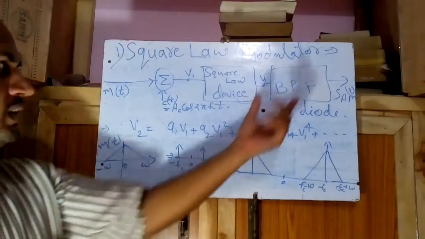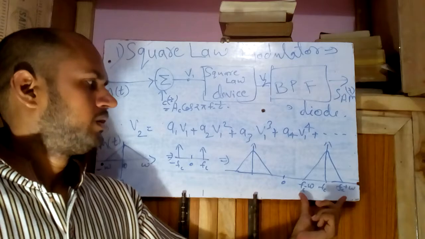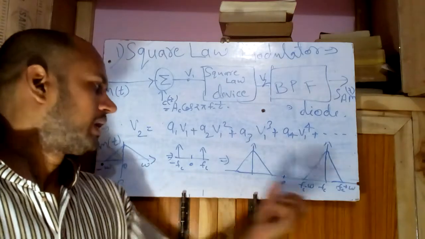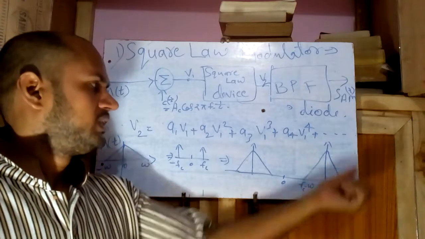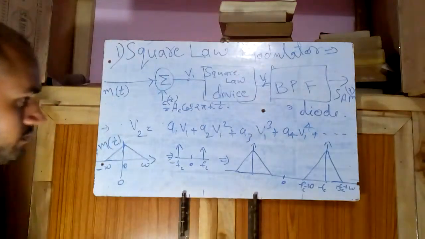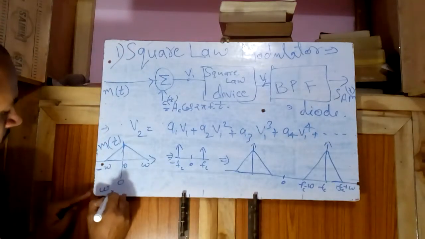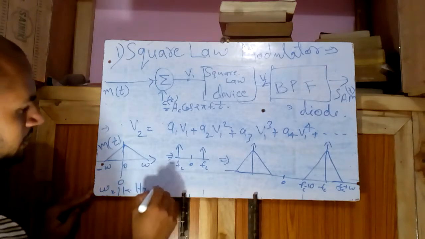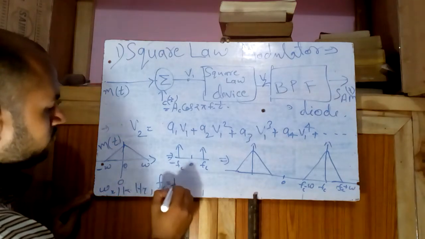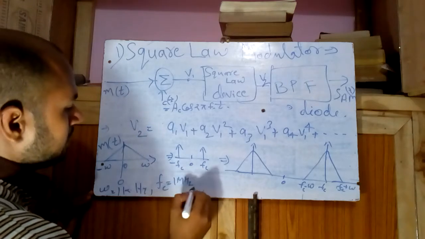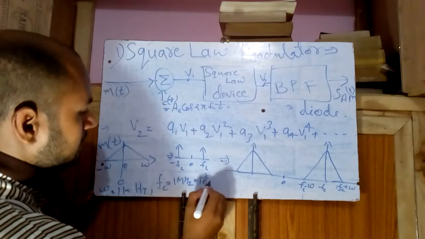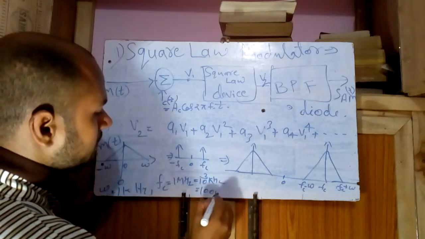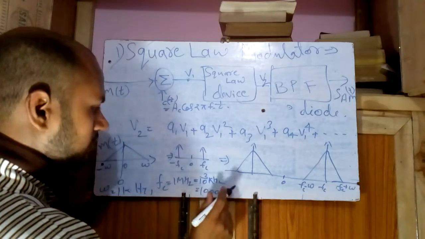So band pass filter should be in the range of from FC minus omega to FC plus omega, in this range, because our concentration is in this region. So let omega is 1 kilohertz and FC is 1 megahertz high frequency, that is 10 power 3 kilohertz or 1000 kilohertz.